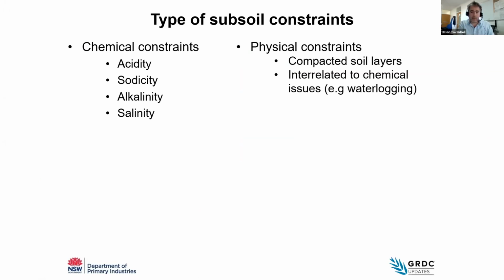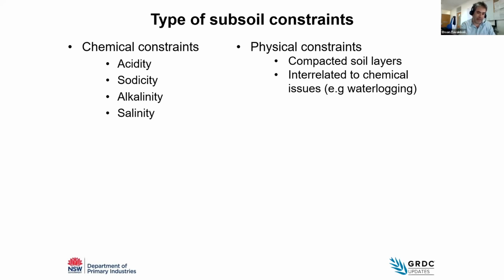And there are waterlogging issues that are interrelated to sodicity or structure. Because if you have that dense clay, you get transient waterlogging, which is a physical problem that is associated with the chemistry, which is that sodicity and high dispersion level.